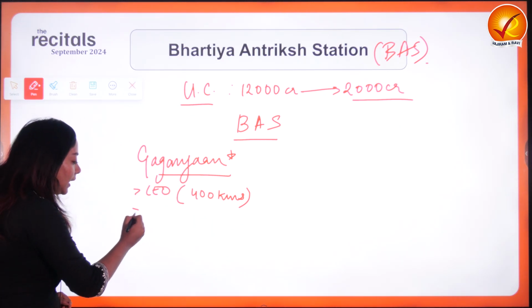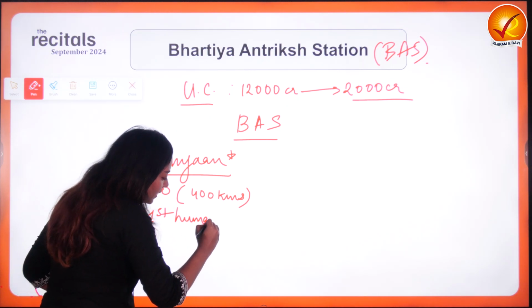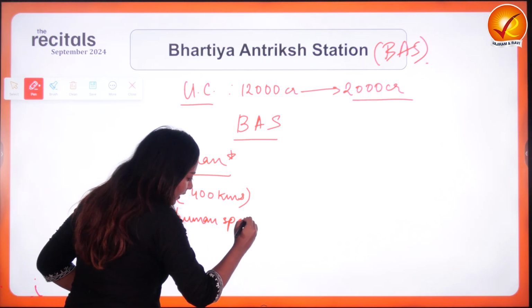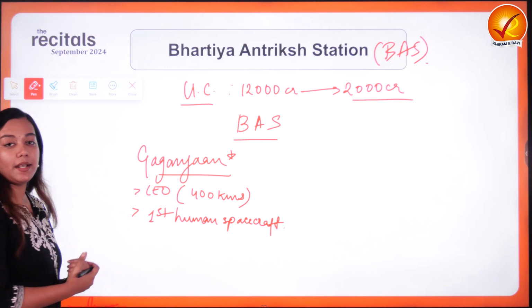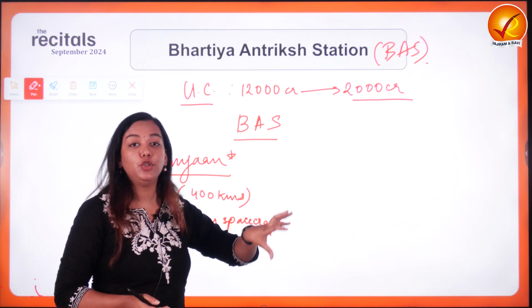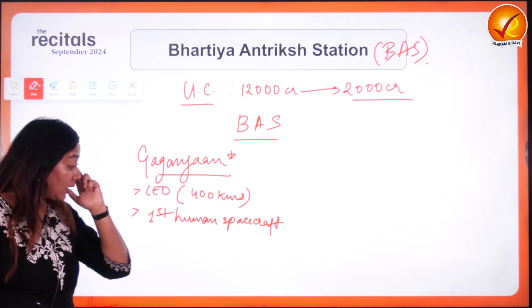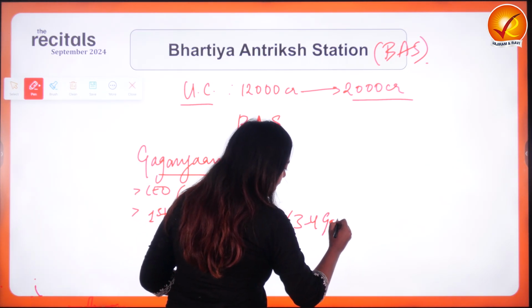Now, this was a unique mission because this was the first ever human spacecraft mission. So we were also for the first time endeavoring to launch the spacecraft which is carrying humans known as Gaganauts. So 3 to 4 Gaganauts will be going.